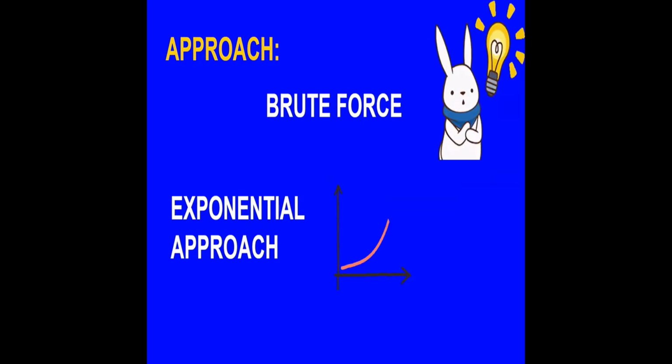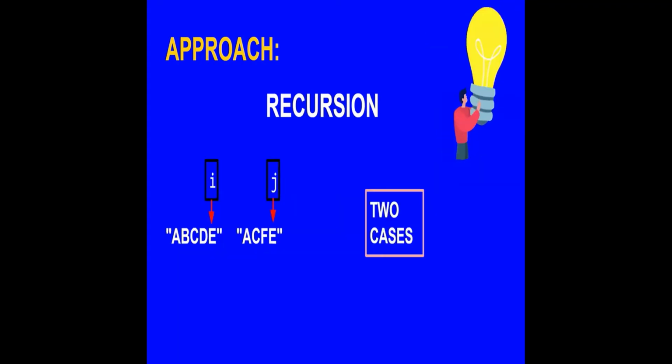So let's talk about a somewhat more optimal approach. Let's first talk about recursion. For applying recursion on this problem, we will take two pointers i and j. i is pointing to the end of the string S1 and j is pointing to the end of the string S2.